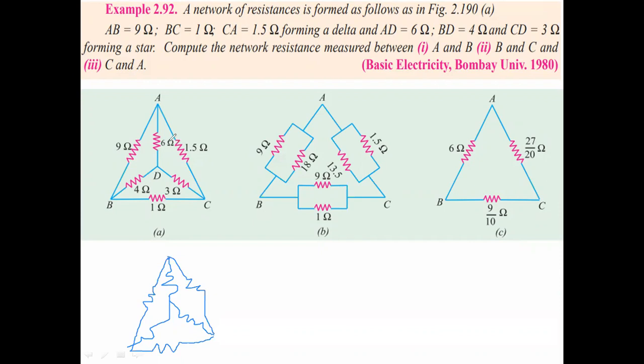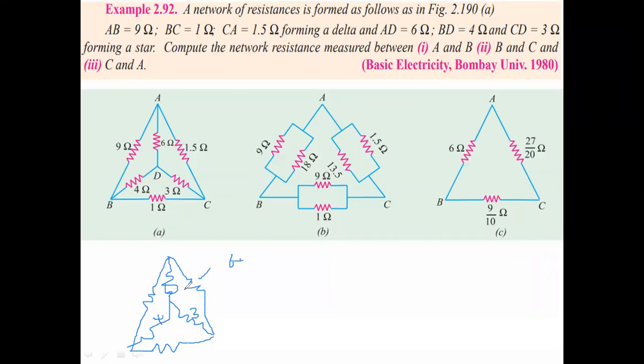The 6 ohms, 4, 3. Now you have to find the delta equivalent of this star network. This value is obtained as 6 plus 3 plus 6 into 3 divided by the opposite resistance.